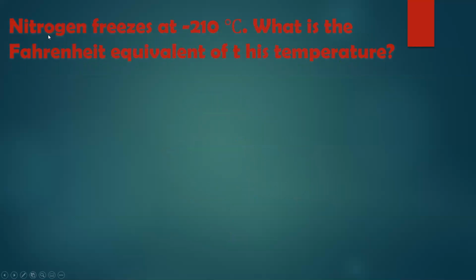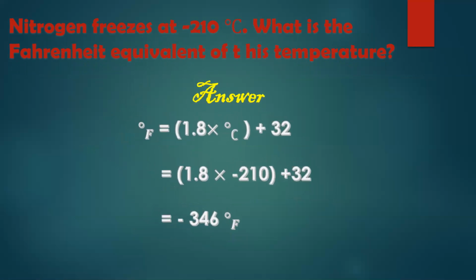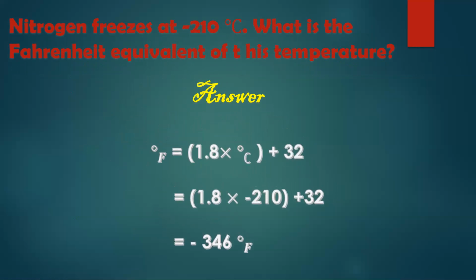One extra question. Nitrogen freezes at negative 210 degrees Celsius. What is the equivalent Fahrenheit of this temperature? Very good. It's Fahrenheit equals open bracket 1.8 times degrees Celsius, close the bracket, plus 32. Substitution.